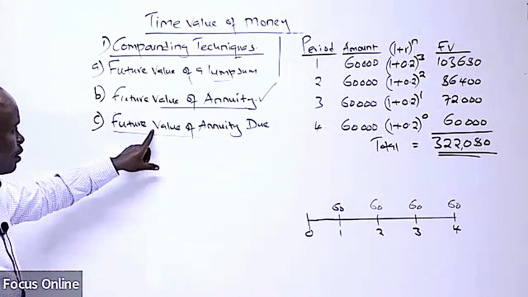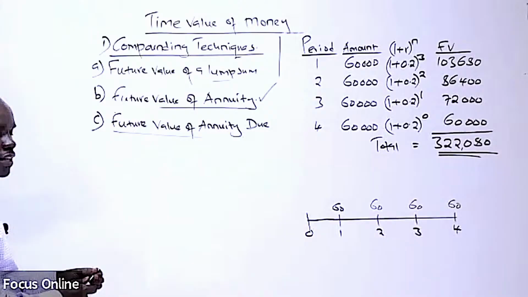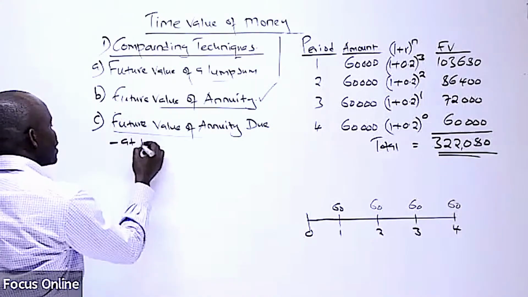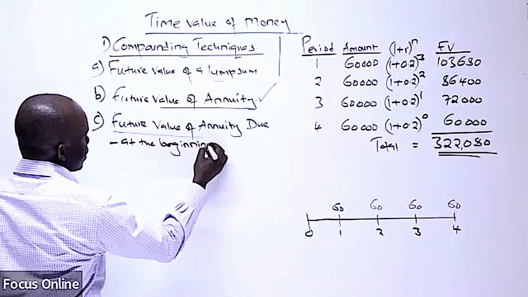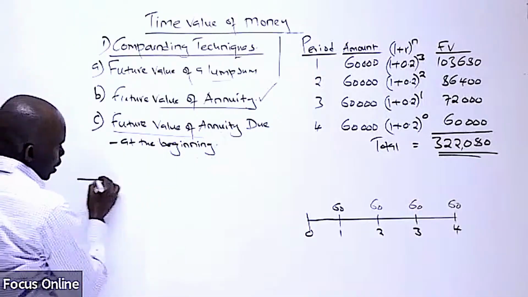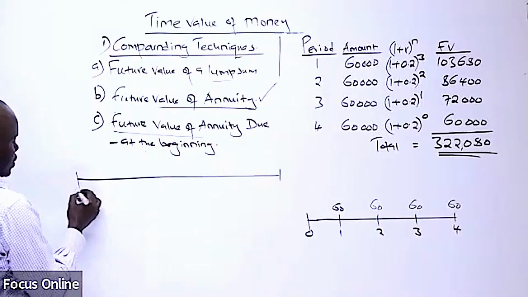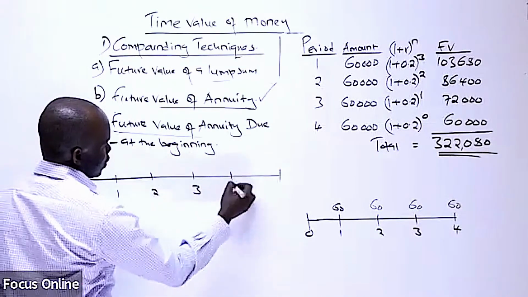But now we have the future value of an annuity due. This is when the amount is invested or paid at the beginning of the year. For example, our 60 here, 0, 1, 2, 3, 4.